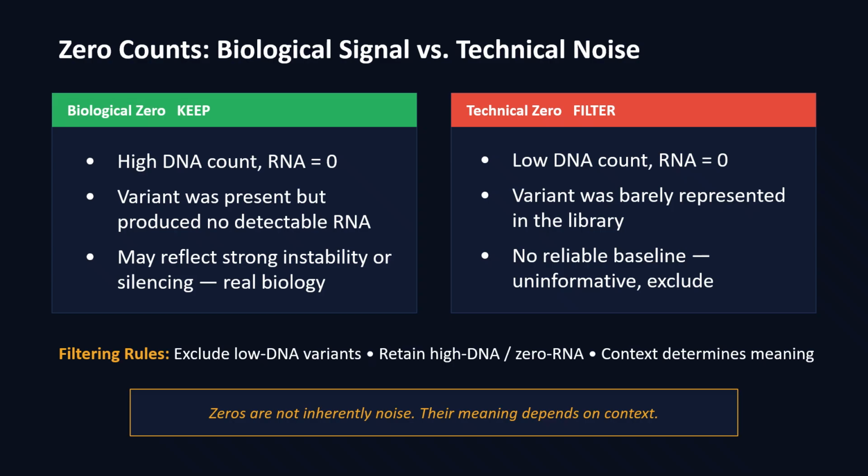Low-DNA variants are often excluded. High-DNA, zero-RNA variants are usually retained. So the key idea is that zeros are not inherently noise. Their meaning depends on the context.